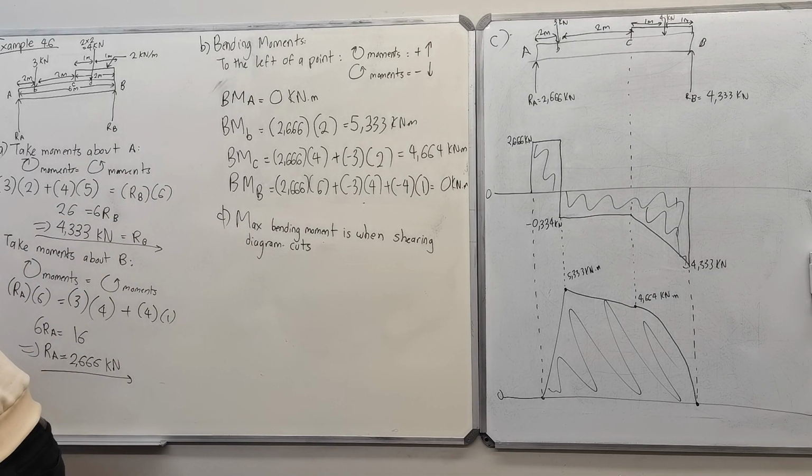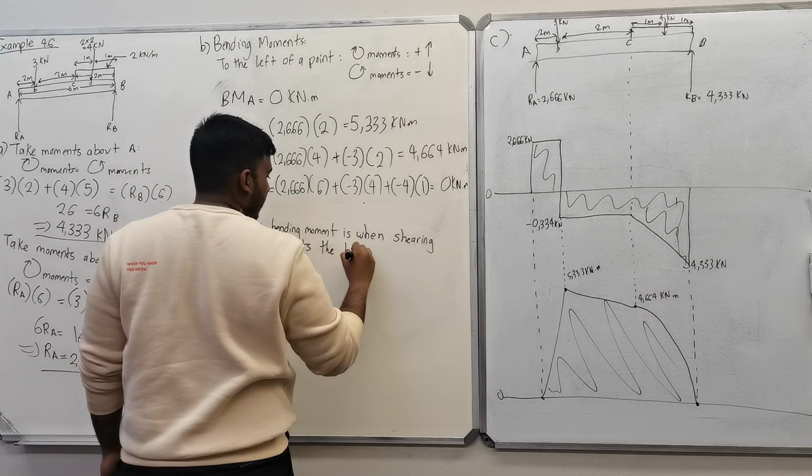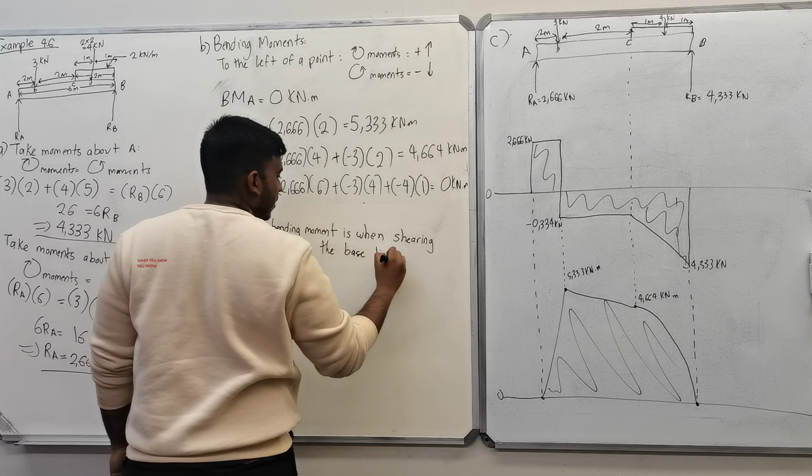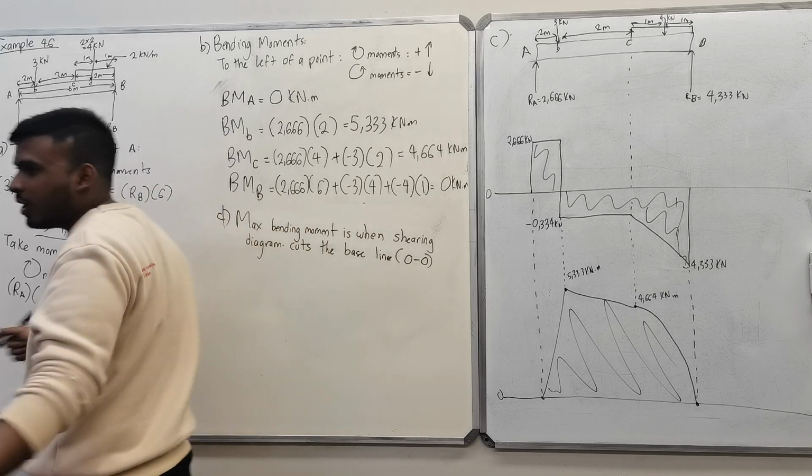Maximum bending moment can be obtained when the shear force diagram cuts the baseline, which is your X line, which is that zero line.